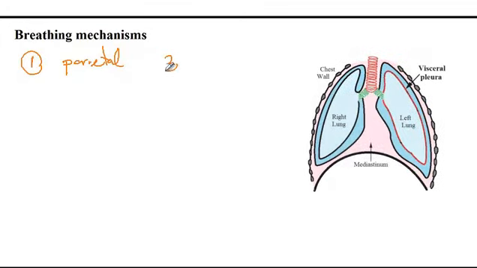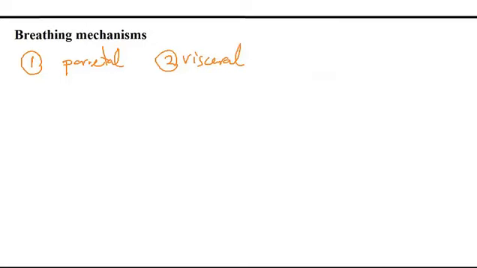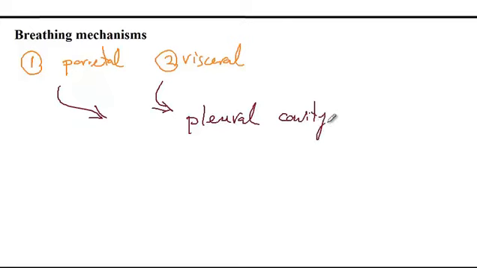And then we have the inner or visceral layer that is fused with the surface of the lungs. Now the space that is located between the parietal and visceral layer is called the pleural cavity, which has a slightly lower pressure than the atmospheric pressure. Therefore, we can say that there is a small vacuum inside the pleural cavity.